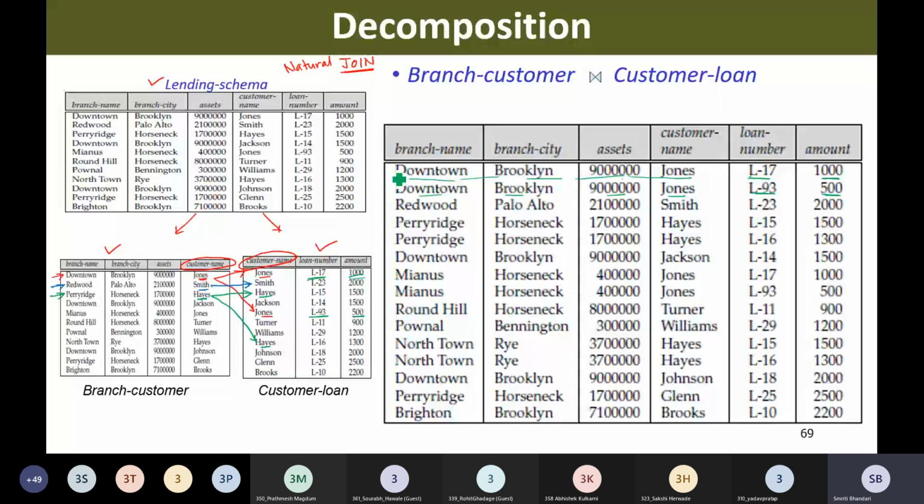Now, this is our original data and this is the outcome of the natural join of these two decomposed relations. Now, let us check whether we have any spurious tuples in this natural join of these two relations. What do I mean by spurious tuples?